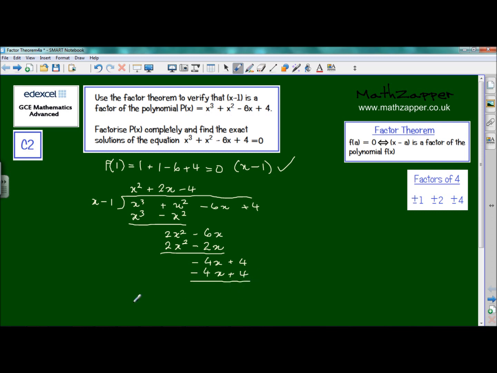And so what we've got so far is x minus 1 is definitely a factor of this cubic function. But also we've got a quadratic as another factor. We've now got x squared plus 2x minus 4.